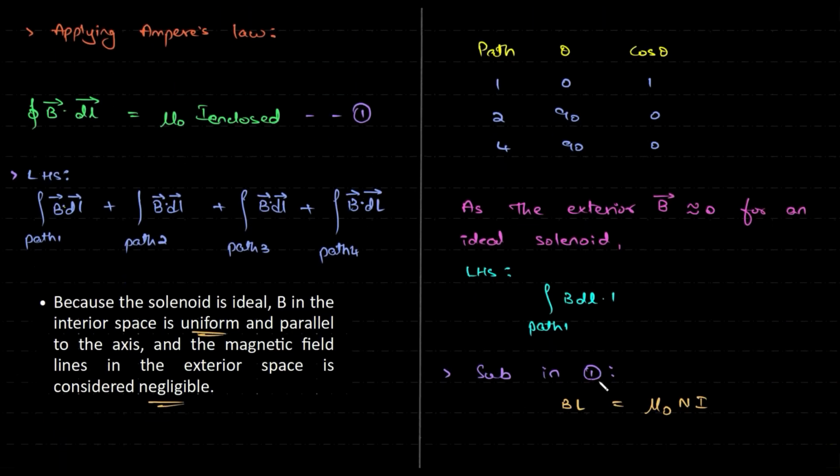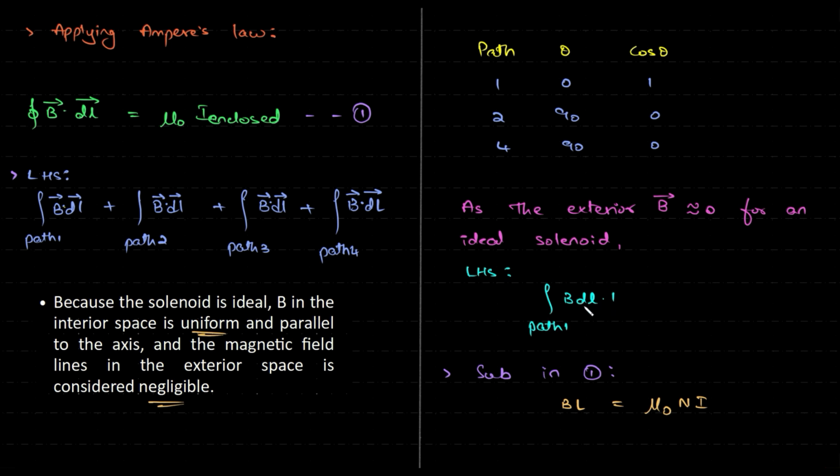So all in all, when we substitute this back into 1, we have BL equals mu naught Ni. Of course, substituting this and that, there is no exterior field, and so only one term will be left, that is through path 1.